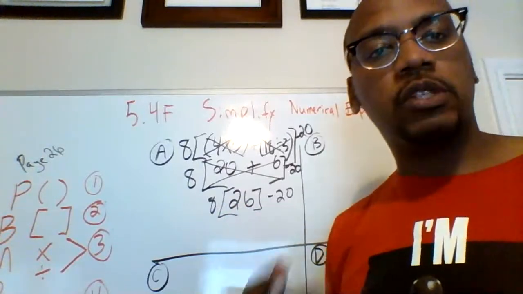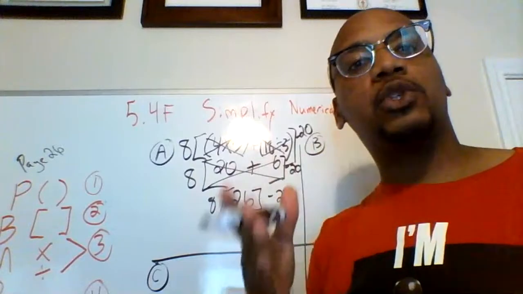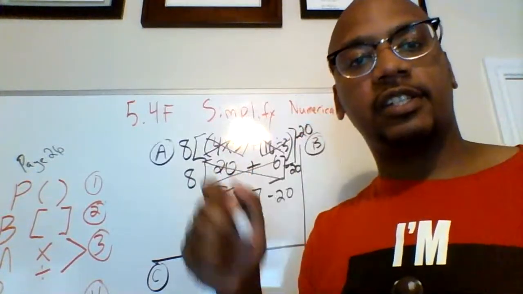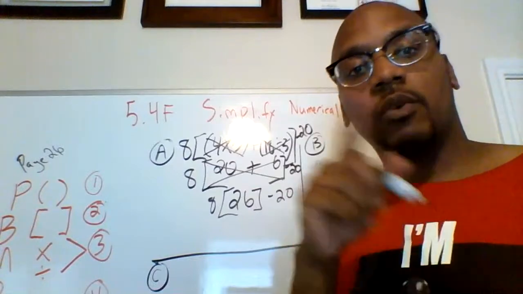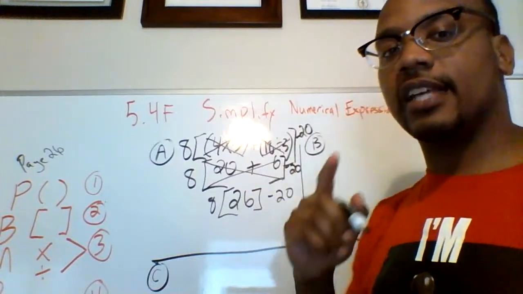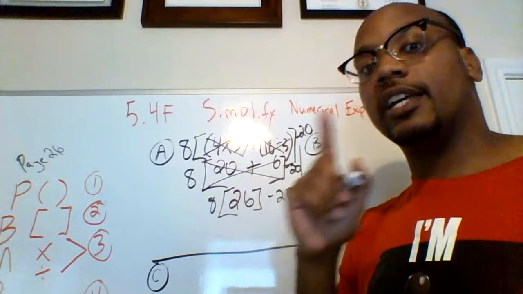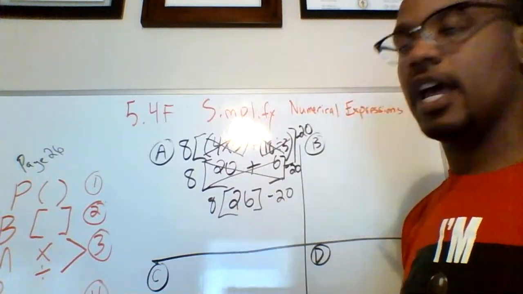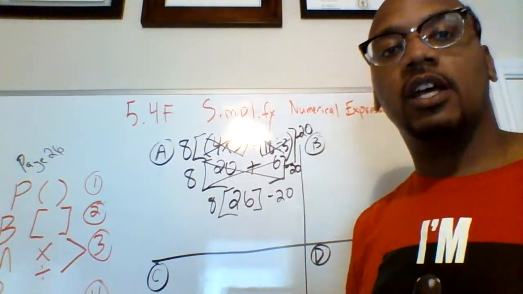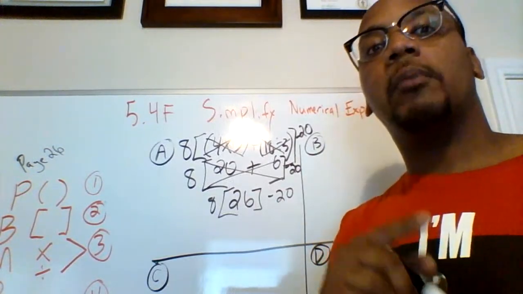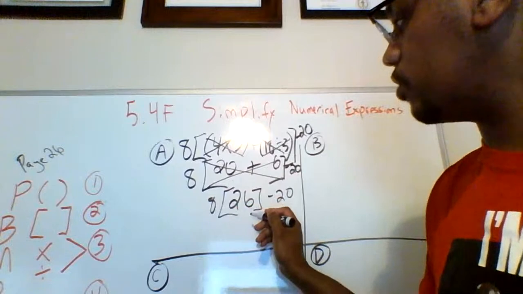Right. Let me do some mental math. 8 times 20 is 160 because 8 times 2 is 16, so 8 times 20 is 16 with a 0. Then 8 times 6 is 48. So 160 plus 48 is 208.